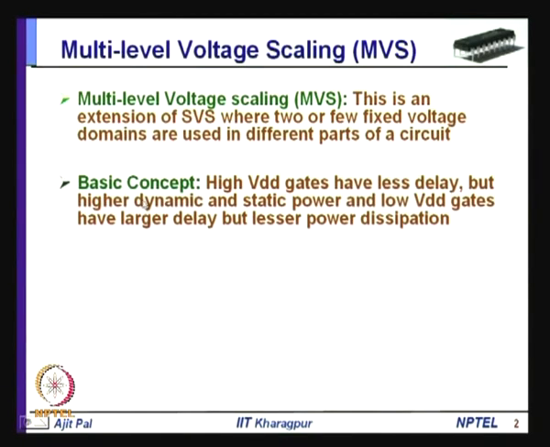Now, what is the basic concept? As we know, high VDD gates have less delay, but higher dynamic and static power, and low VDD gates have larger delay, but lesser power dissipation. It is already known to us. Why?